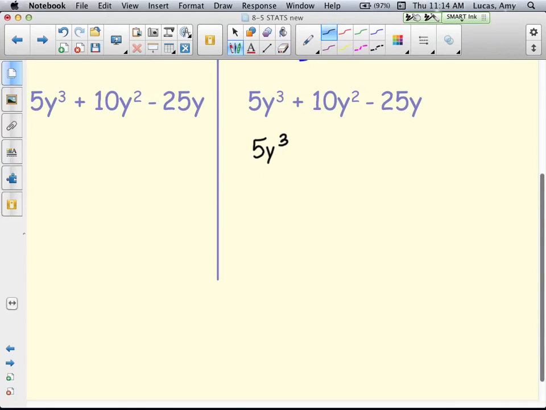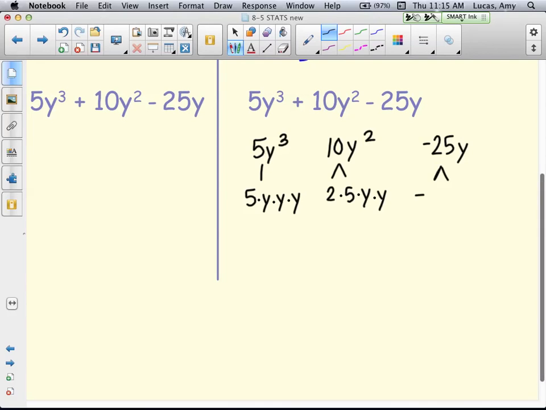So 5y to the third power would be 5 times y times y times y. 10y squared would be 2 times 5 times y times y. And negative 25y would be negative 1 times 25, and 25 is 5 times 5. So it would be negative 1 times 5 times 5 times y.